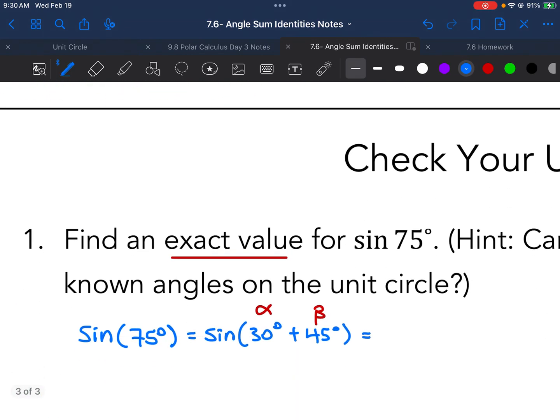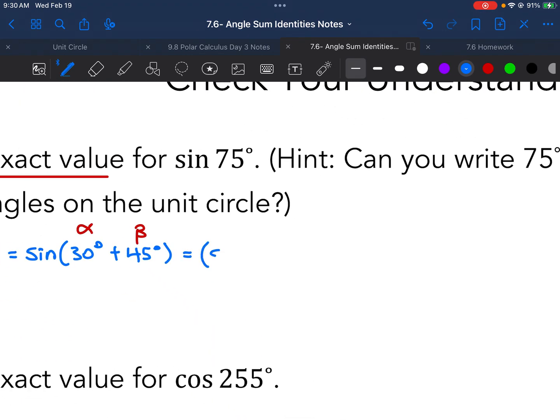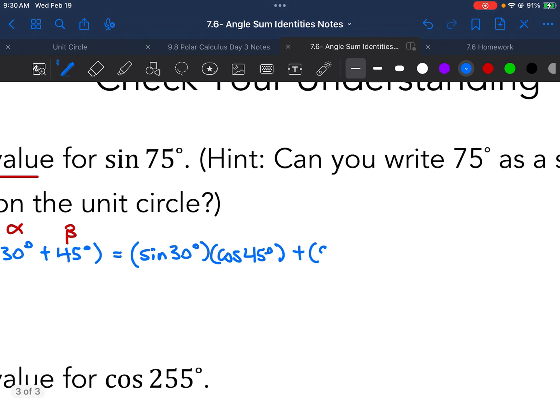All right, so sine of alpha, sine of 30 degrees, times cosine of beta, cosine of 45 degrees, plus sine of beta, sine of 45 degrees, times cosine of alpha, cosine of 30 degrees.